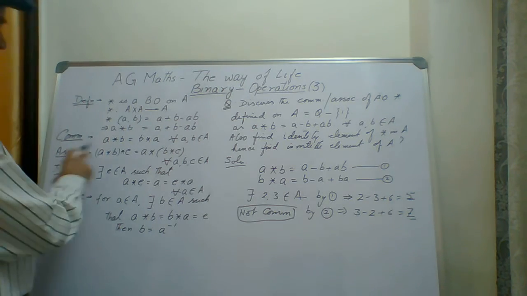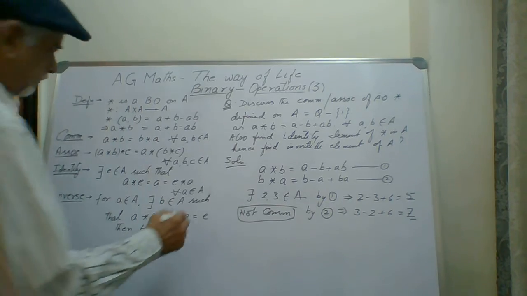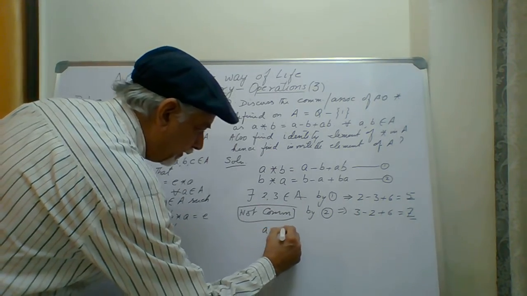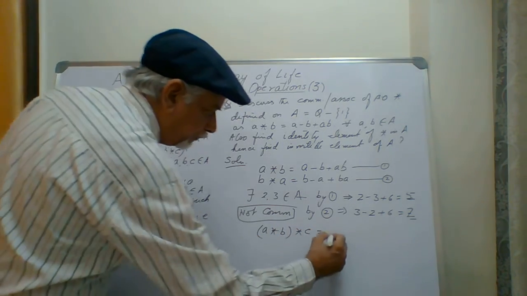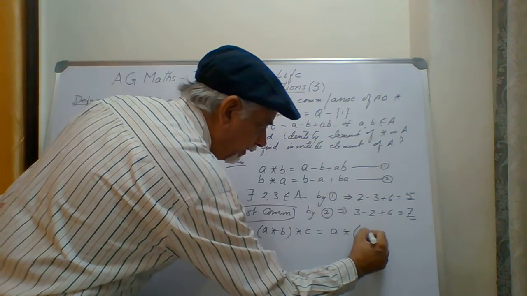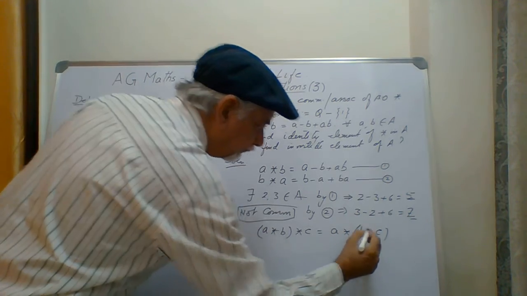Understand that? Now for associativity. For associativity we write the same thing: A binary B whole binary C should be equal to A binary of whole binary of B and C. That should happen.